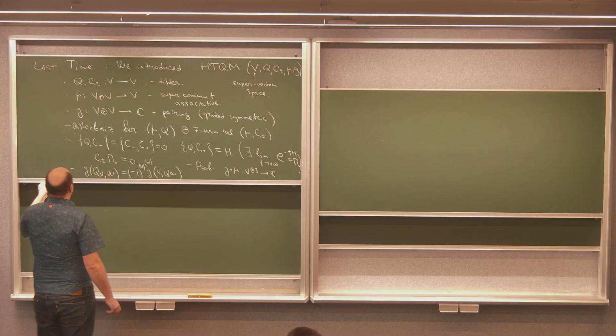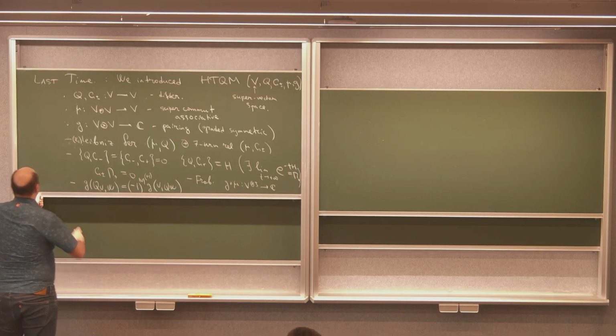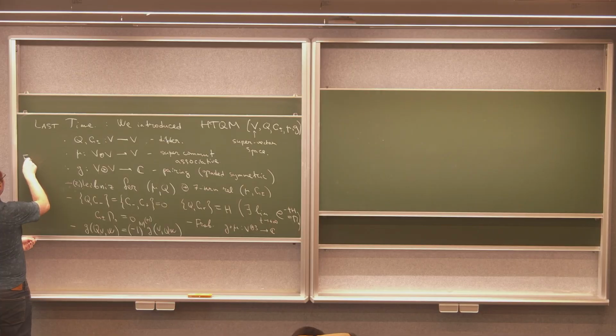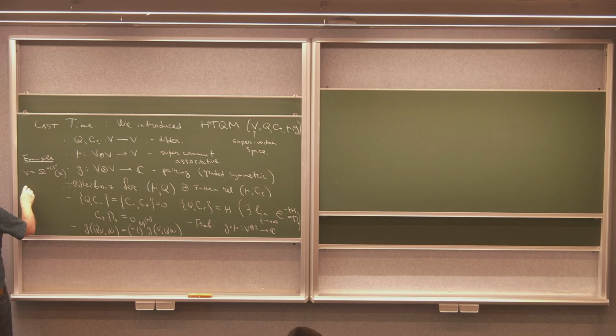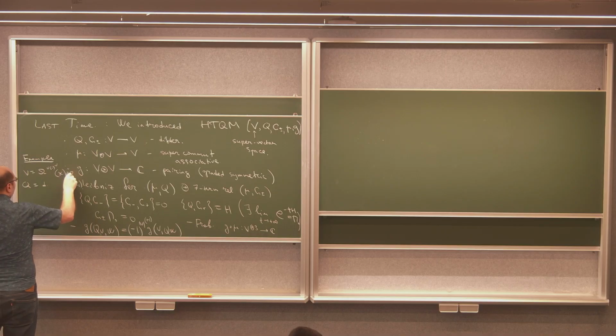Okay, that was HEQM, and we have an example of this HEQM, where V was essentially the U1 to the n invariant differential forms of some toric variety. Q was tensored with some lattice. So Q was essentially the differential. G plus minus were substitution of some vector fields.